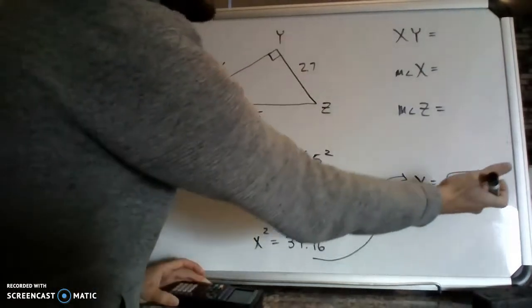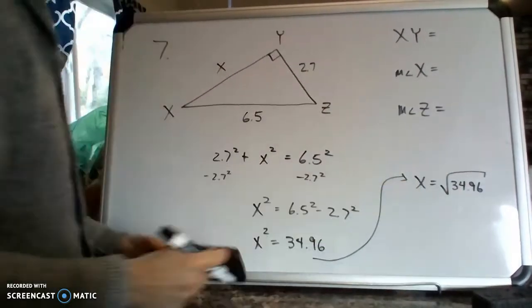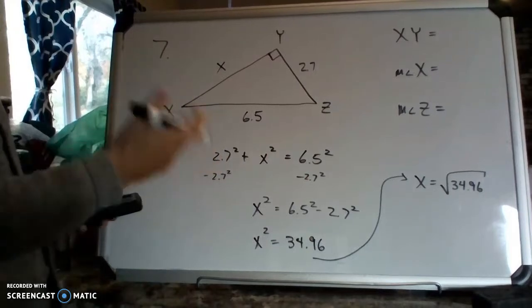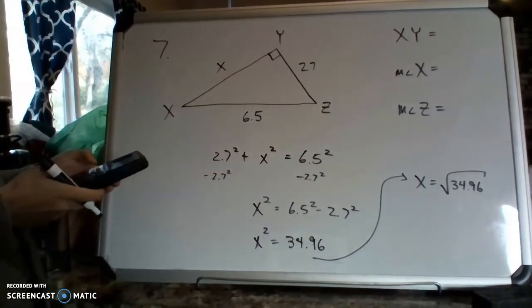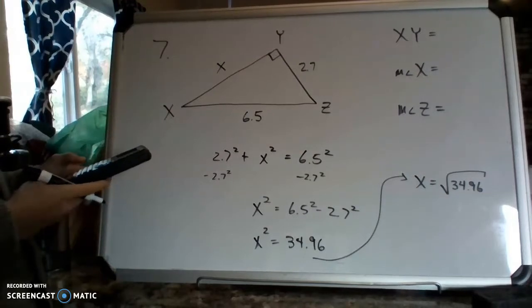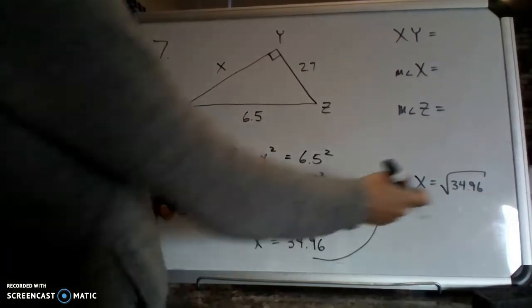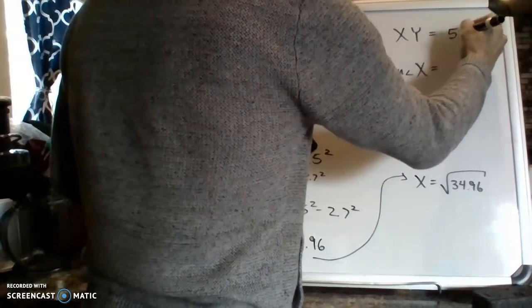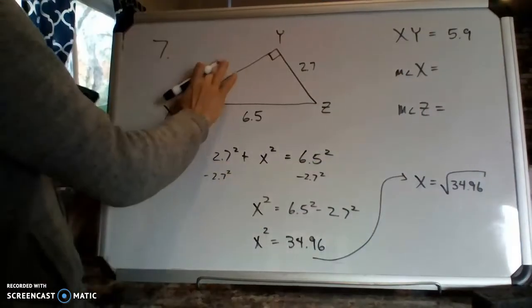Well, actually, you could leave your answer like this if you wanted to. But in this case, because we're dealing with decimals, decimals aren't that easy to calculate by themselves. So I will let you use your calculator if I were to give you a problem like this on the test. So the square root of 34.96 comes out to be approximately 5.9.